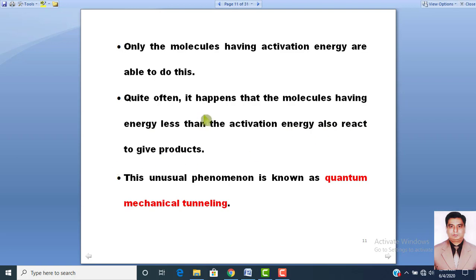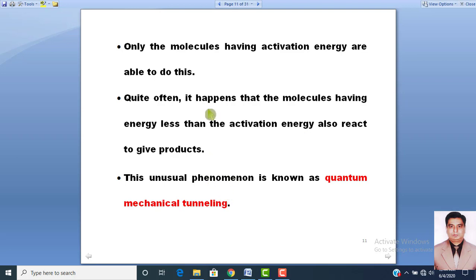This unusual phenomenon is called quantum mechanical tunneling. If molecules with energy less than the activation energy give product, we say this phenomenon is quantum mechanical tunneling.